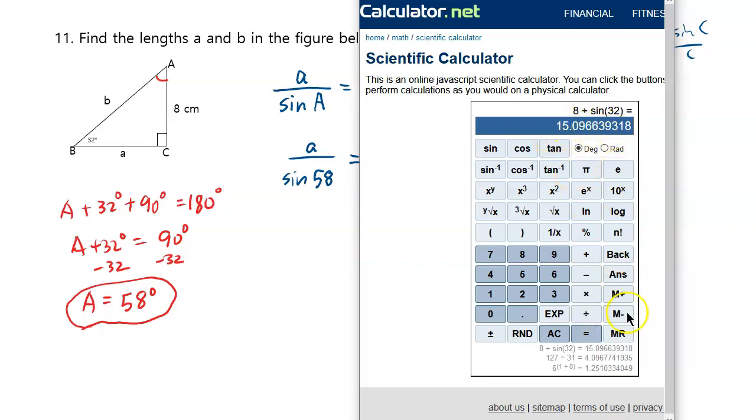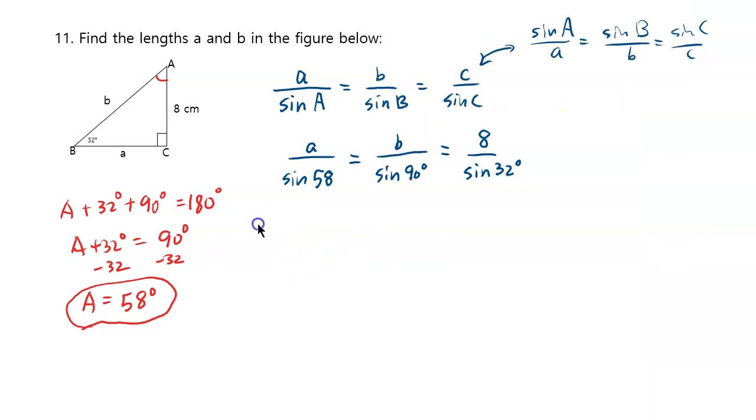So that's 15.097. Okay, 15.097. Let's put that. So 8 over sine 32 is about 15.097.